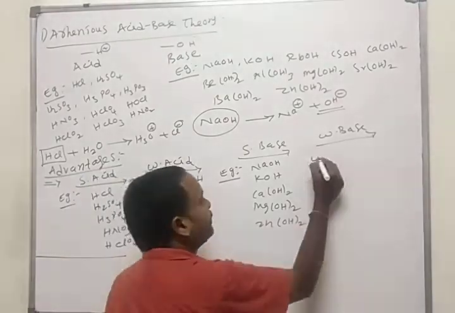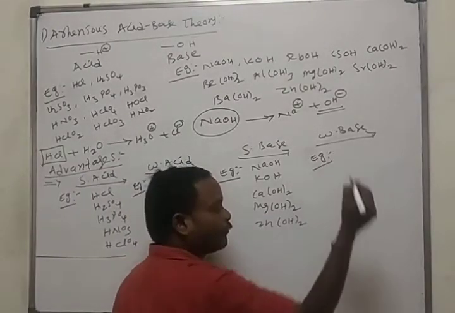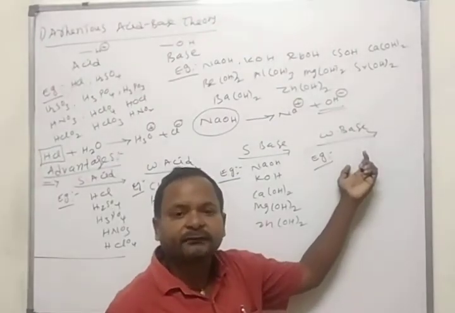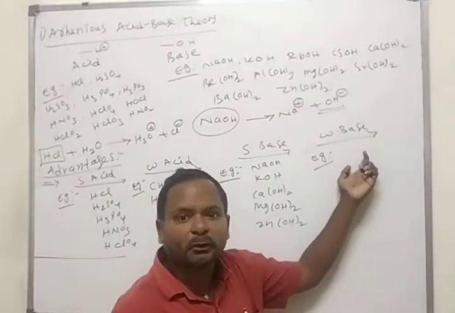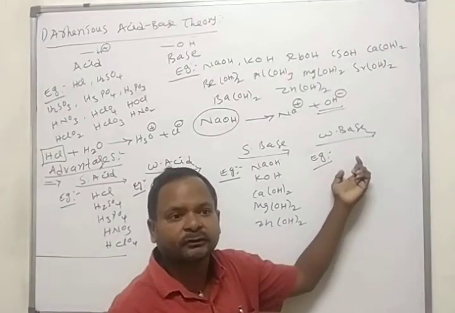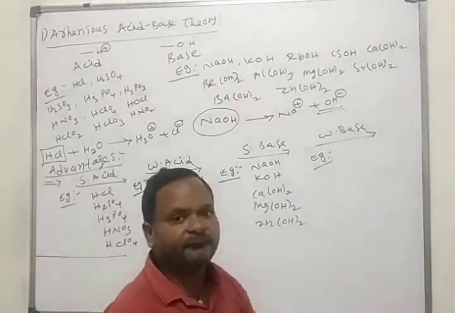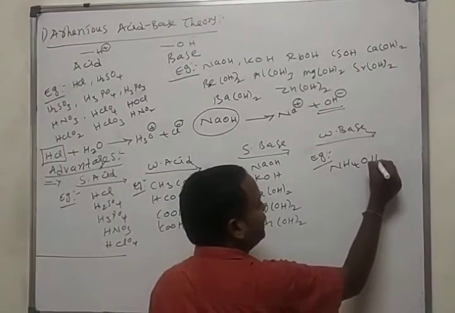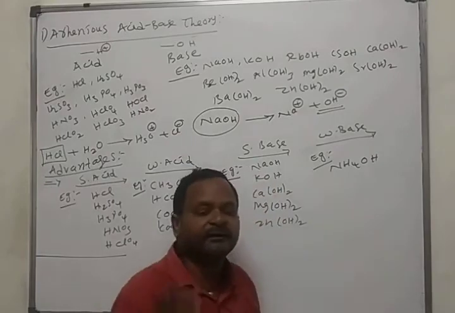What is a weak base? The chemical substance which gives the OH minus ion slowly, we call a weak base. For example, ammonium hydroxide is a weak base.